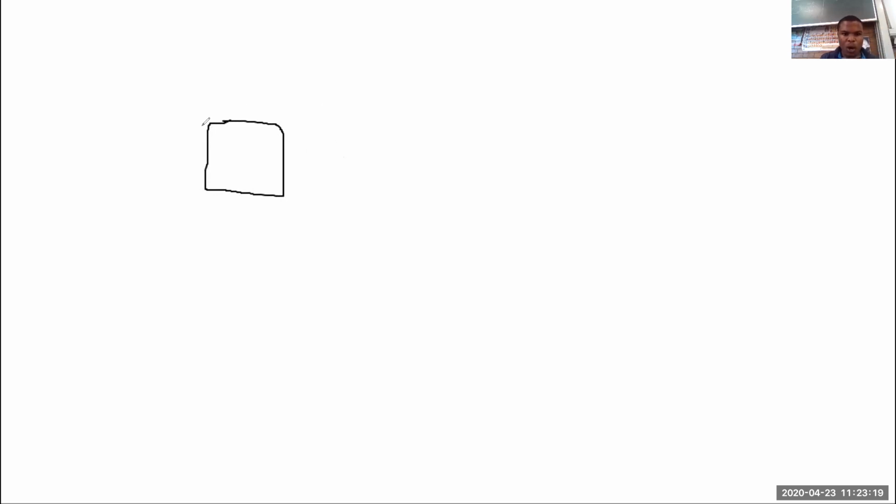Now, what makes up this block is tiny little other blocks. I'm sorry for the inaccuracy of my diagram. So all of this here is an example of matter. That block in there is an example of matter.